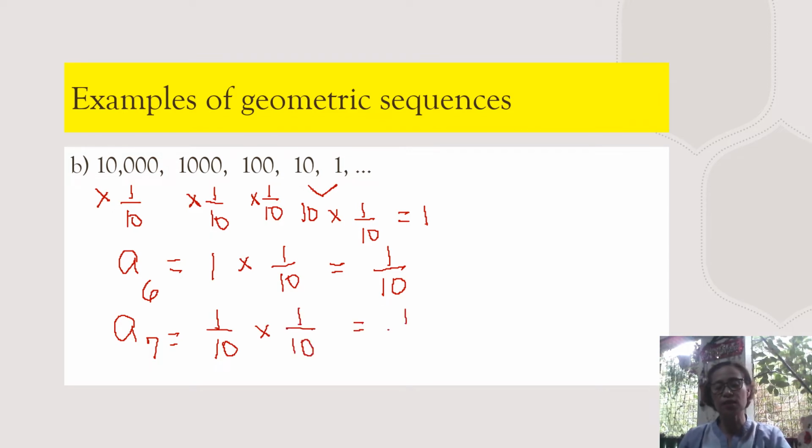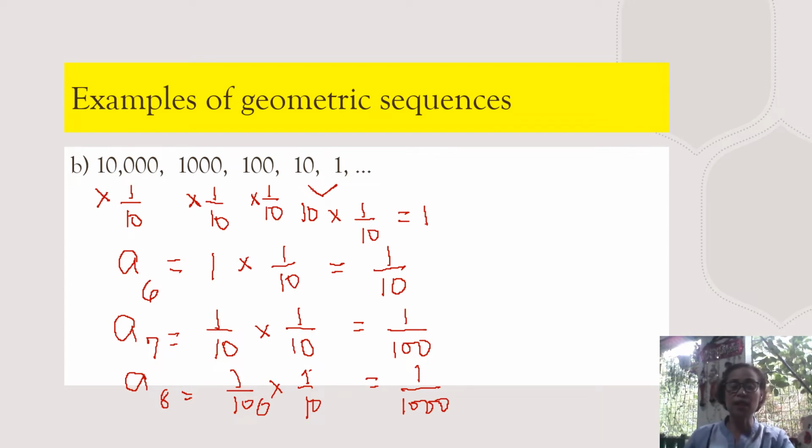Notice that the answer is 1 over 100. So our denominator is just adding zeros, but the numerator is still 1. What will be the eighth term? 1 over 100 times 1 over 10, so the eighth term would be 1 over 1000.